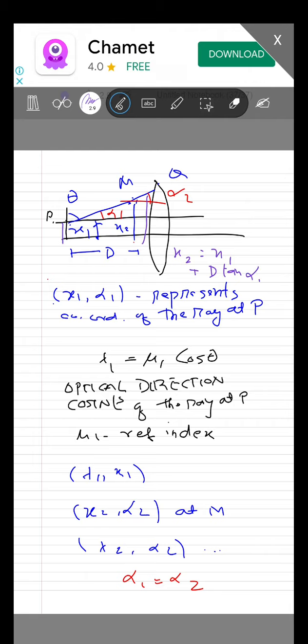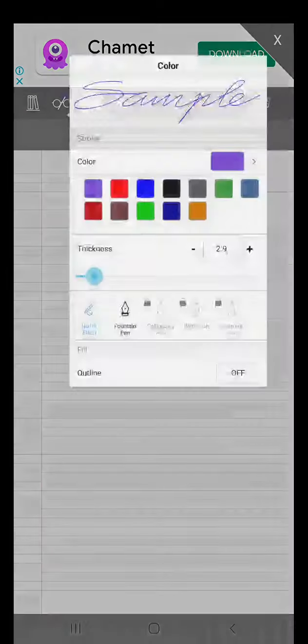So x2 is equal to x1 plus d tan alpha 1.